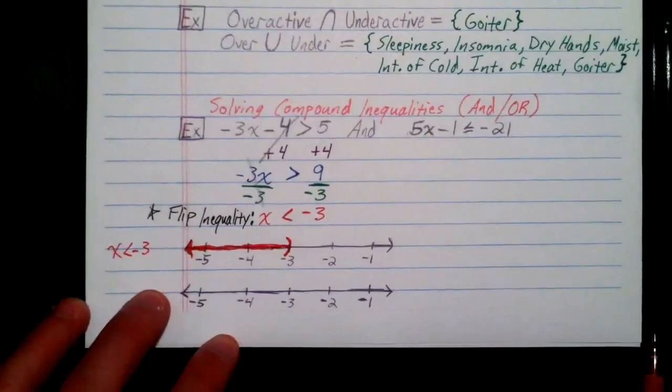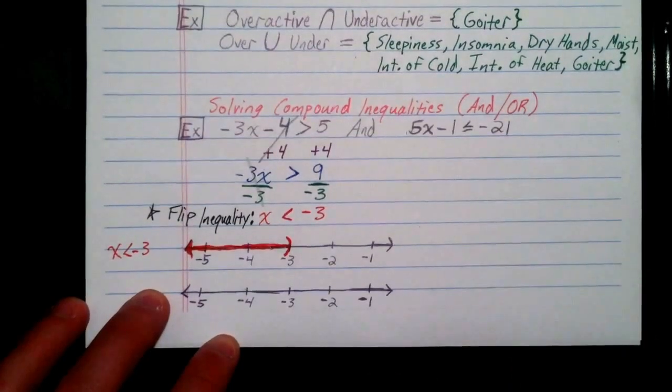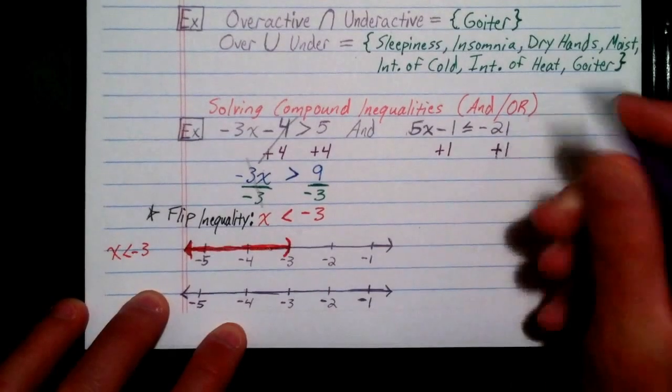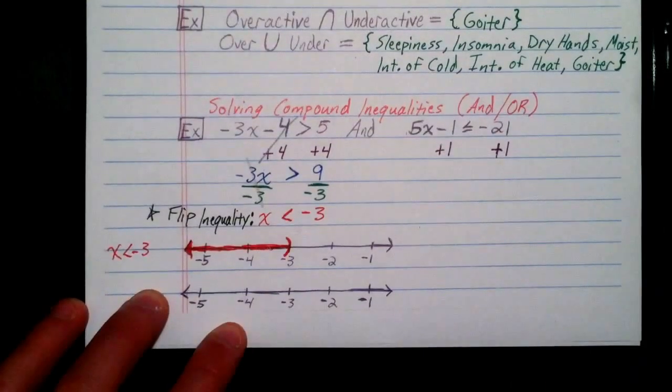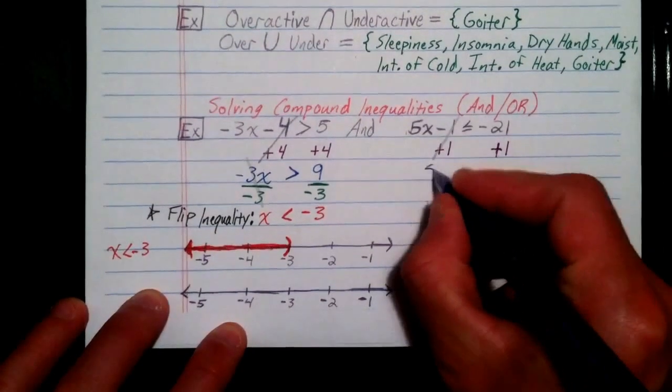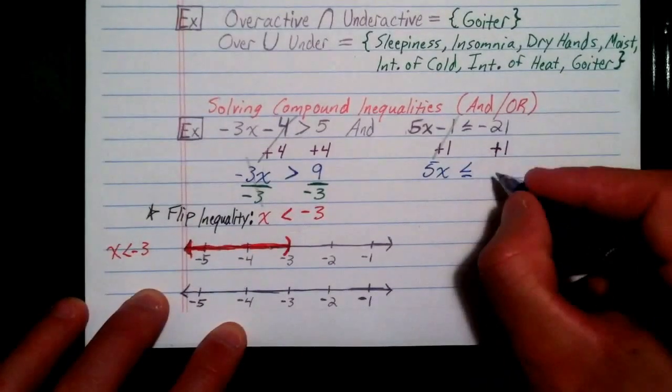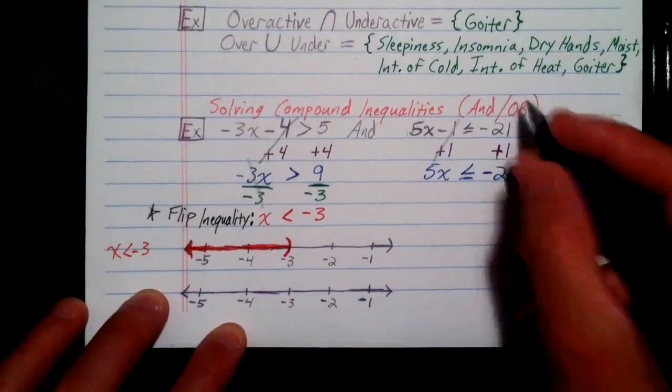Now solve the other inequality, 5x minus 1 is less than or equal to negative 21. So go about that the same way, starting by adding 1 to both sides to cancel out the negative 1. That leaves us with a 5x on the left-hand side of that inequality and a negative 20 when we add negative 21 plus 1.